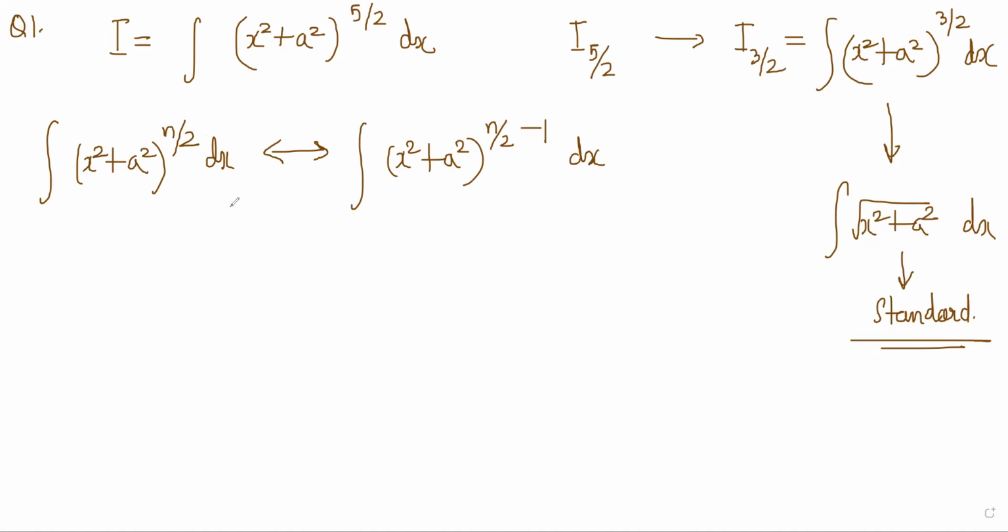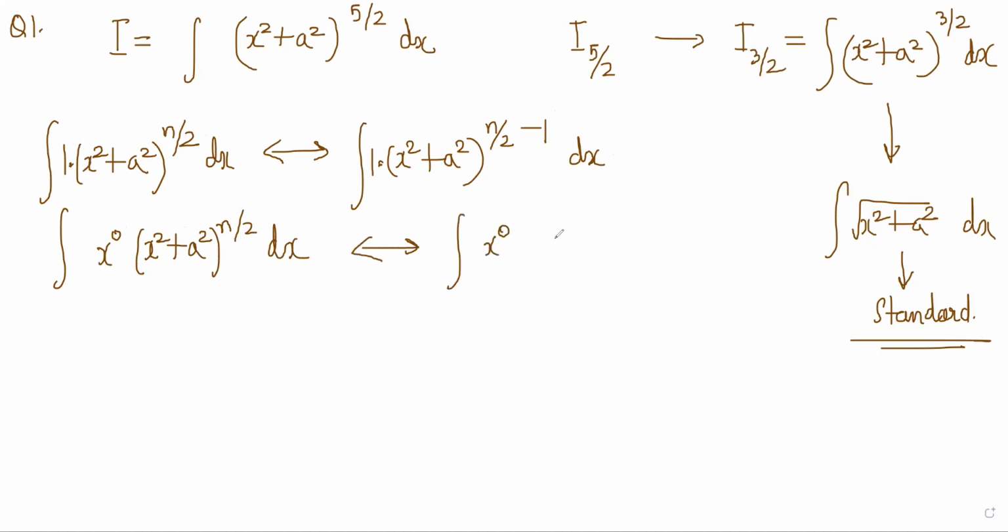So how do we do that? So notice here, there is a 1 here, right? 1 in both of the integrals. So we can write this as x^0 (x² + a²)^(n/2) dx. And we have to connect it to x^0 (x² + a²)^(n/2 − 1) dx, right? So what will be my P?